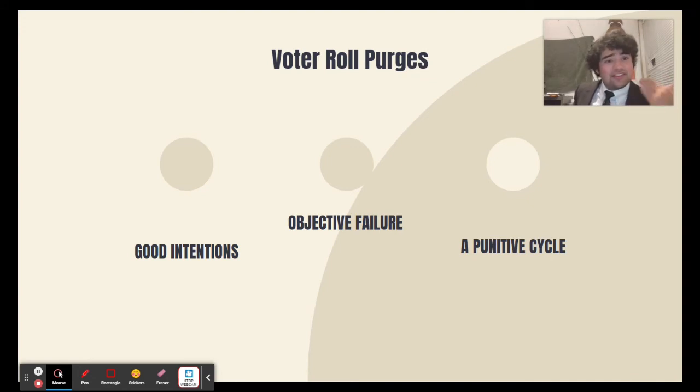And it creates this cycle where systemically low-income minority communities are being targeted for things like this, and their voter bases are shrinking. It's almost unthinkable in today's society that a system like this has not only been allowed to continue, it's been allowed to foster, and it's been allowed to thrive.